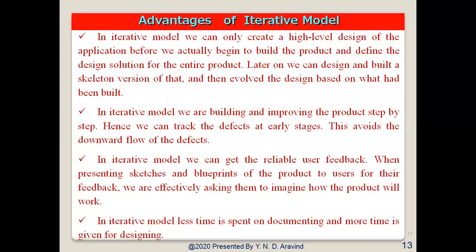It concentrates on essential system elements from the user's viewpoint. In the iterative model, we can get reliable user feedback when presenting sketches and blueprints of the product to the users for their feedback. Here we are effectively asking them to imagine how the product will work.